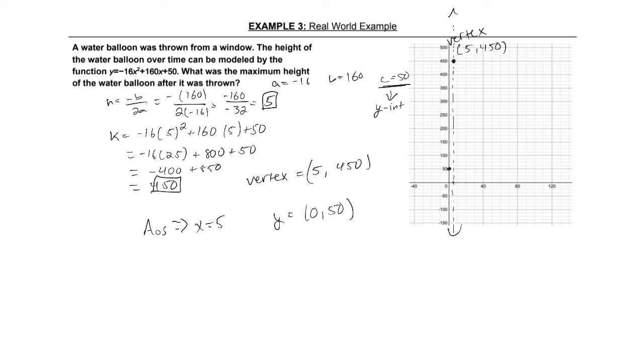So let's find a symmetric point, which would be 10, 50, because it's 5 on the right side instead of 5 to the left. Same y, 10, 50.